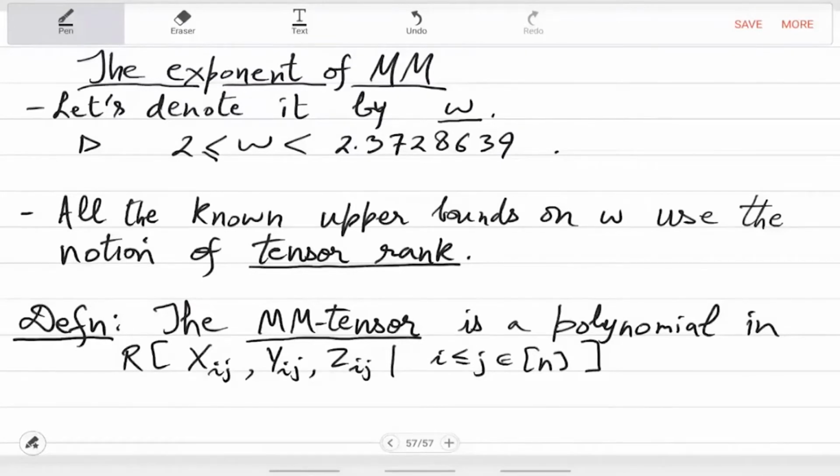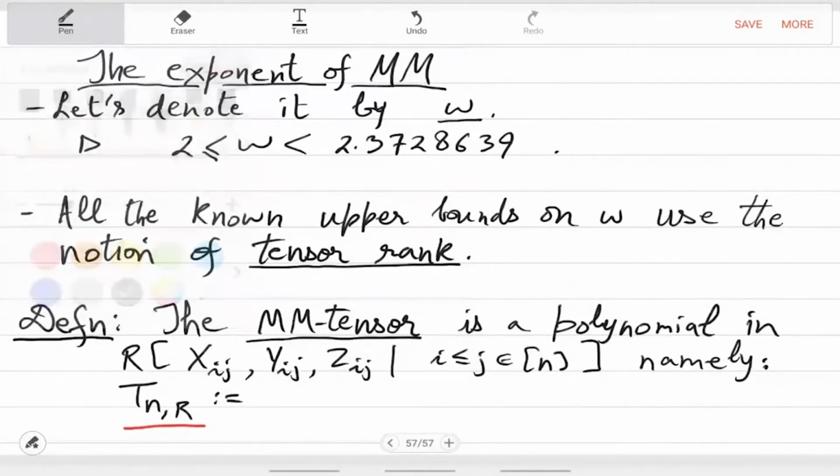ij from 1 to n. So the polynomial itself looks like this. We'll call it T sub n,r. If you have seen the definition of this, what is it?